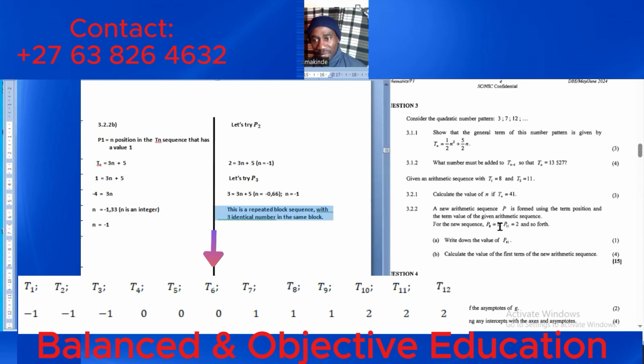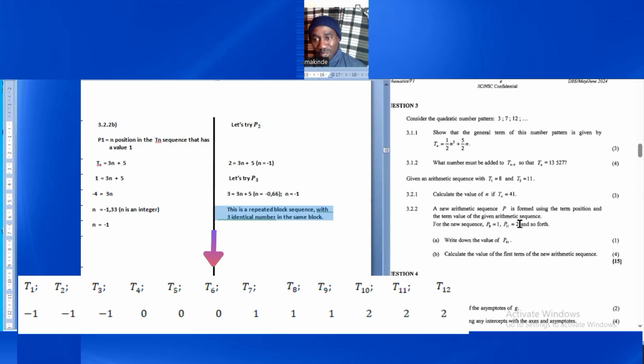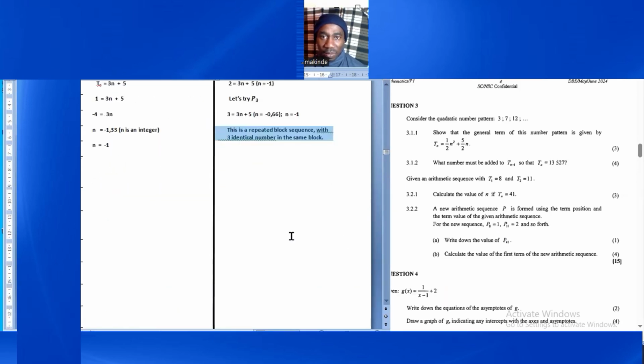The ninth term will be 1 as well. The 10th term will be 2. The 11th term will be 2. And the 12th term would be 2 as well. And if you drill down up to the 41st term, the 41st term will be equal to 12. That is the solution to question 3.